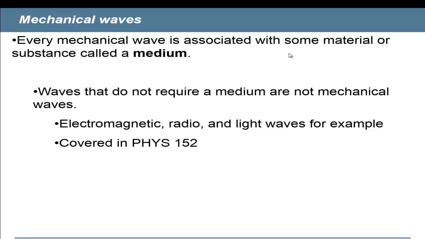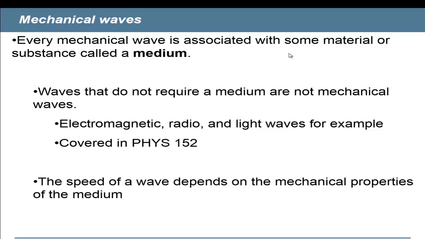We won't cover those, but you will see them once you get into Physics 152. So the speed of the wave, how quickly that disturbance travels from one end to another, depends on the mechanical properties of the medium.